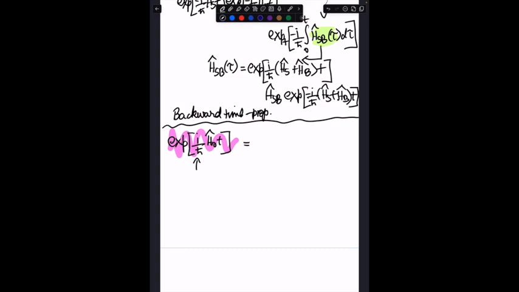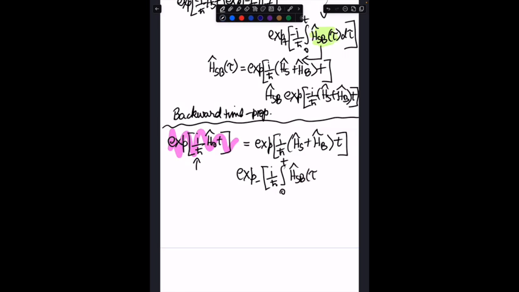And then in this case, this can be written as exponential i upon h bar Hs plus Hb t, and then you have a negative time ordered exponential in this case, which would be 0 to t Hsb tau d tau.